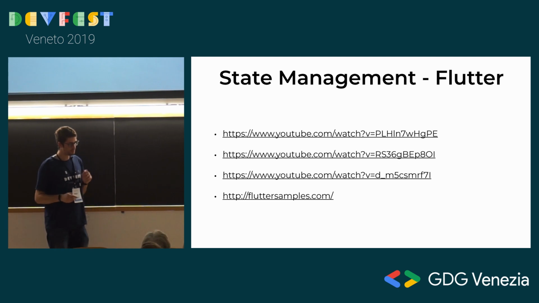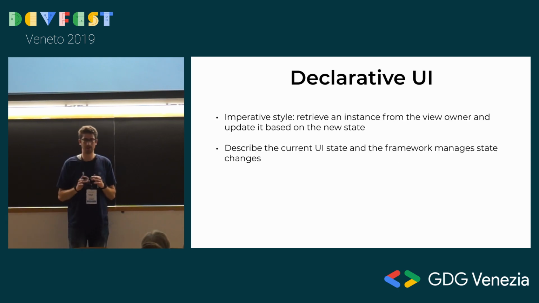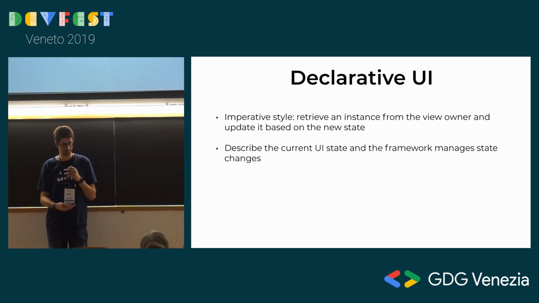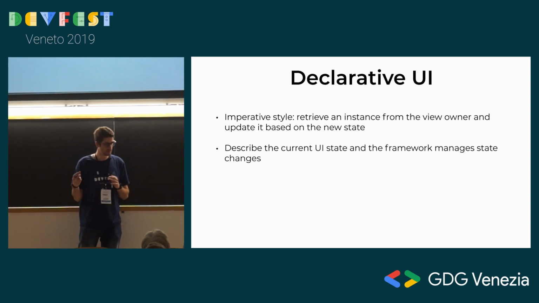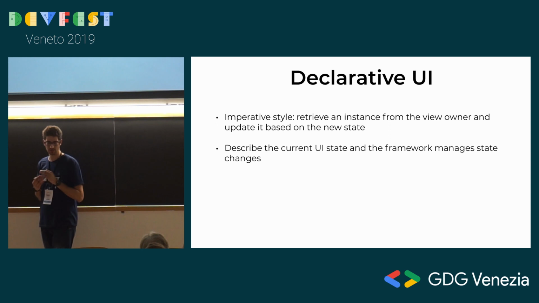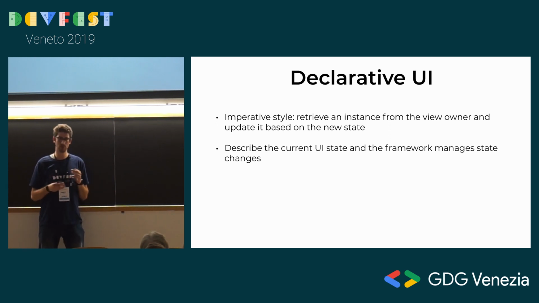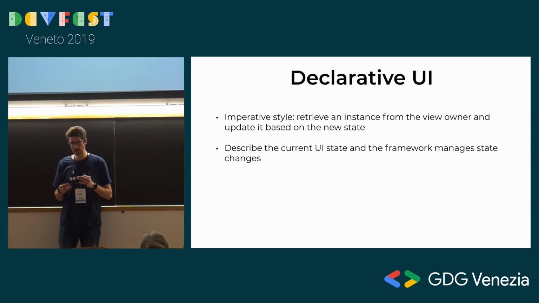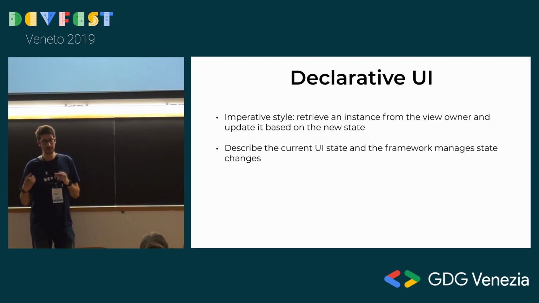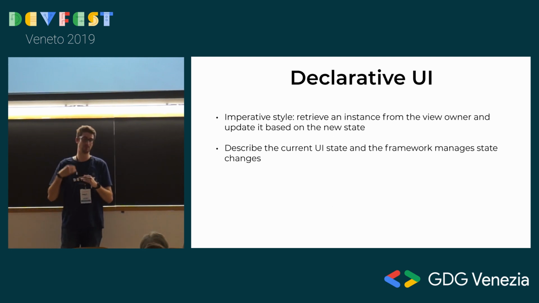And the way we have declared the UI before has a name, and its name is Declarative UI. It is different from the classical pattern that we have seen in the mobile world. In fact, in the mobile world, we use an imperative style where we go to the view owner, we ask for an instance of the view that we want to update, we receive this instance, and then we update.